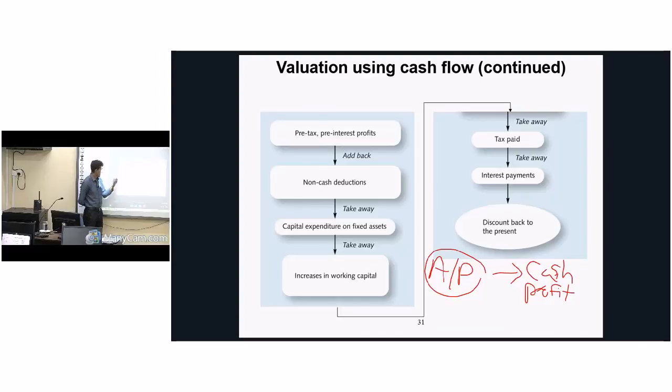I repeat, we have the pre-tax, pre-interest profit where we have already deducted certain expenses which are not cash items. We call these non-cash deductions. One easy example is depreciation. Since we have already deducted the depreciation, we add back the depreciation. And then the capital expenditures on fixed assets. Now this is not in the income statement, because the income statement records all the revenue, expenses and incomes.